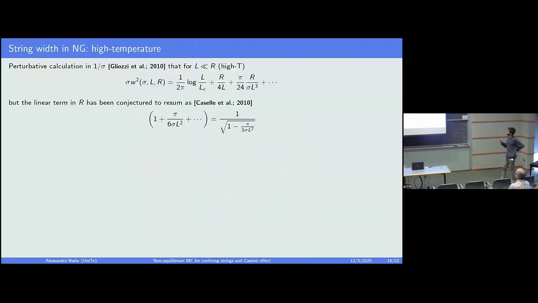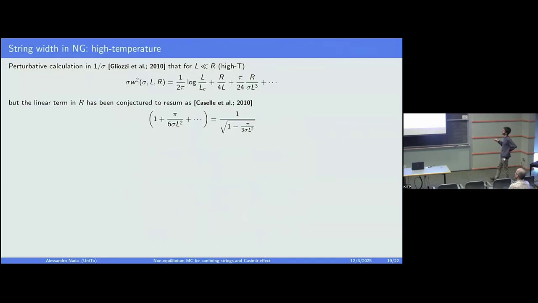So we do this. There is a perturbative calculation in 1 over sigma made by Gliozzi some time ago regarding this observable here, and Michele some time ago actually conjectured that you could resum the terms multiplying r in this way.